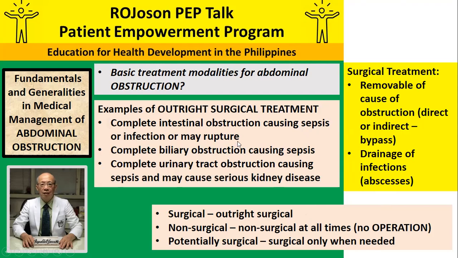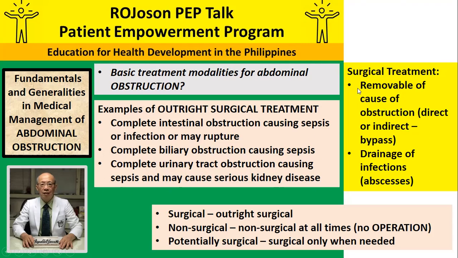So dapat gawin kagad yung operation. Complete biliary tract obstruction causing sepsis. Complete urinary tract obstruction causing sepsis and may cause serious kidney disease. So these are the more common examples of conditions in which an outright surgical treatment must be done.